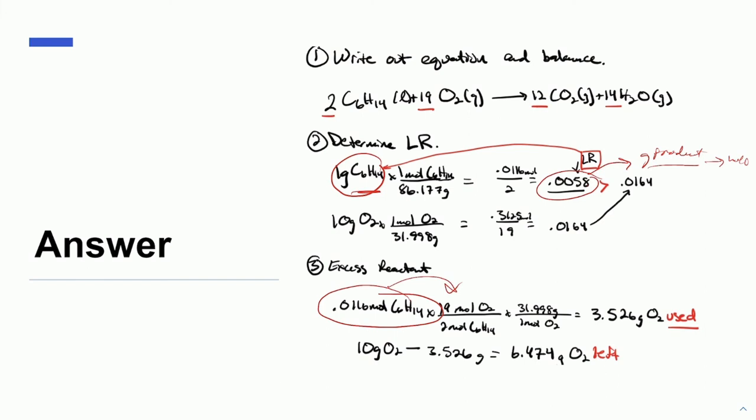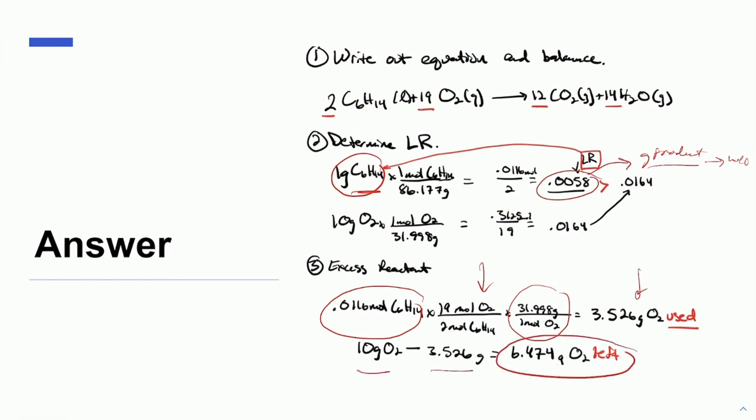But I like doing it this way just because I like to relate the reactants together. So I take how many moles of the reactant I have, that's my limiting, and then compare it to the excess reactant using a multiple ratio, and then figure out by grams how much that was, and you get the total minus how much you used. This would be how much we have left. Like I said, there are multiple ways to solve for excess reactant.